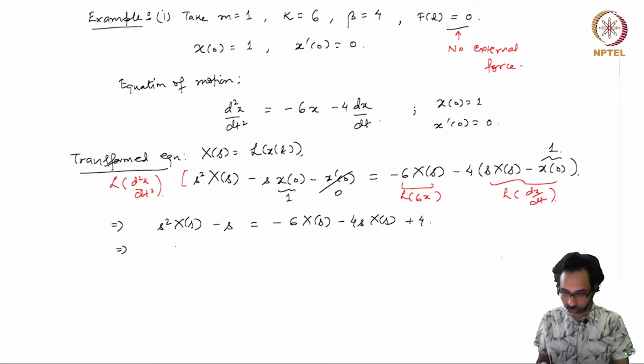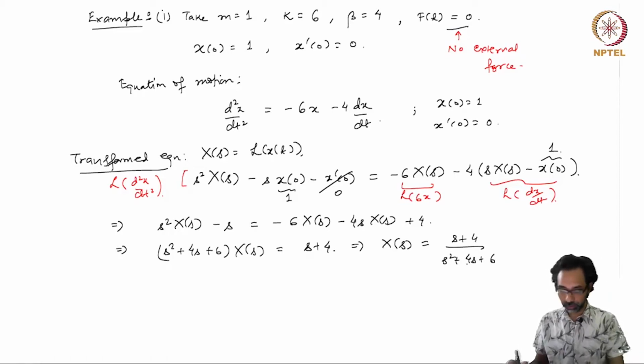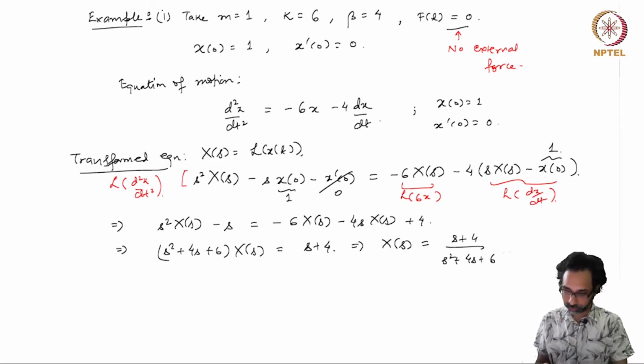Therefore, if we collect the terms with X(s) on the left side, we get (s squared plus 4s plus 6) X(s) equals s plus 4, and this gives you X(s) equals s plus 4 over s squared plus 4s plus 6. Now we can use partial fractions, or we can simplify also.